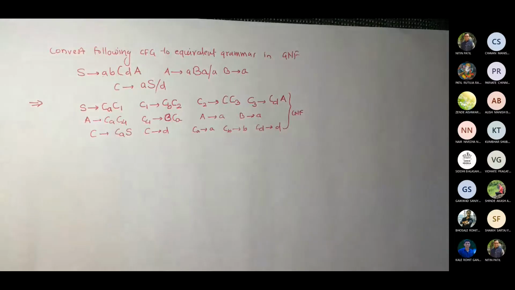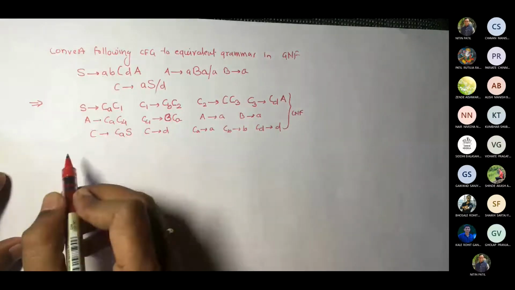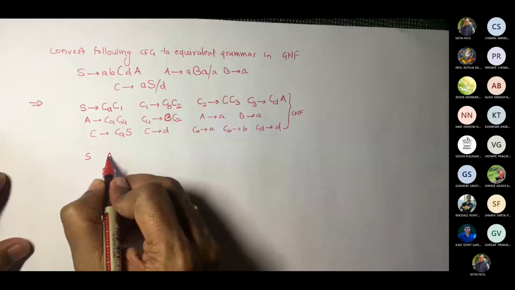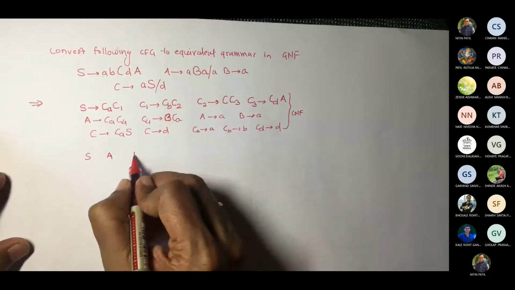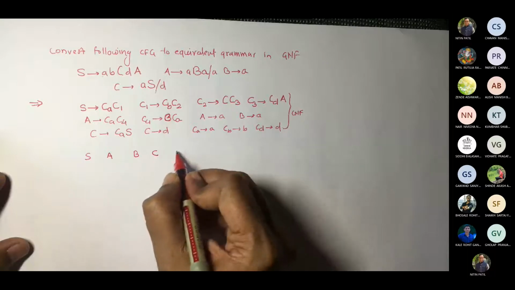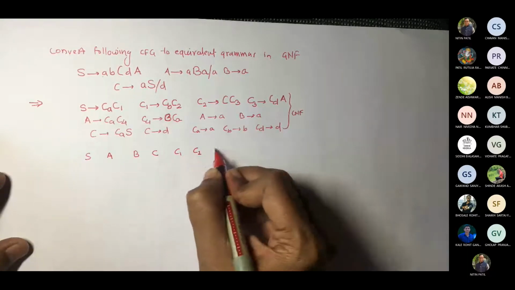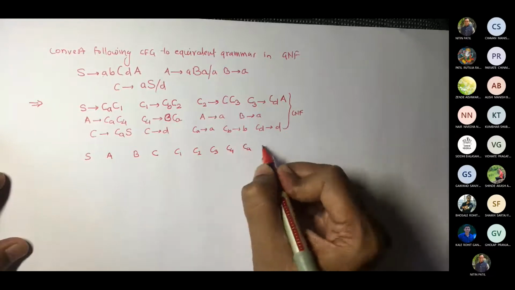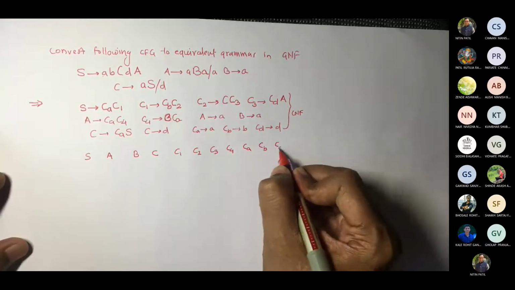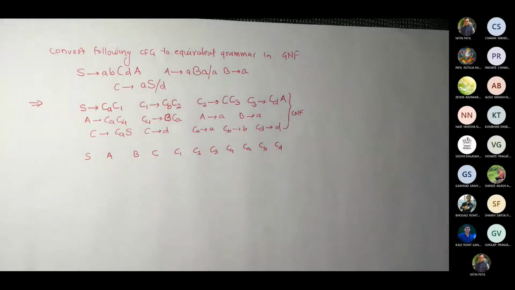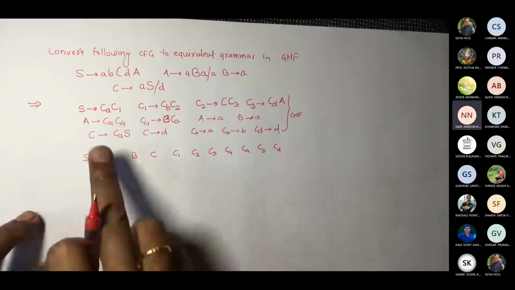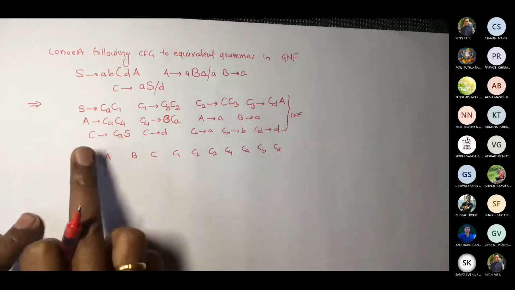As we have already converted the given grammar to equivalent CNF, let us write the variables: S, A, B, C, C1, C2, C3, C4, CA, CB, and CD. Are you with me in this? Yes. Now, what are the variables that we wrote?